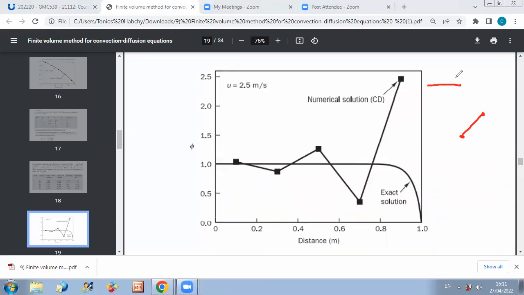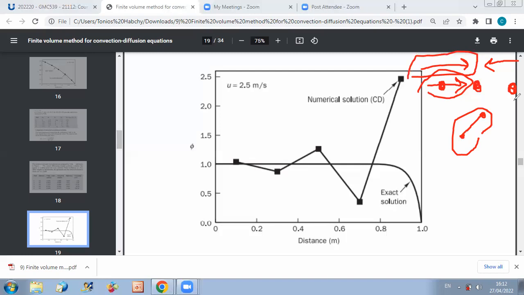While in case of convection, when you have dominant convection, the value of the variable here will be much more affected by the value before it, if u is positive, than by the variable value after it. While if u is negative, it will be more affected by the value here. The central difference scheme cannot capture this because it will do a linear interpolation between these 2 points, while the upwind scheme will take into consideration the flow direction and its effect on computation.